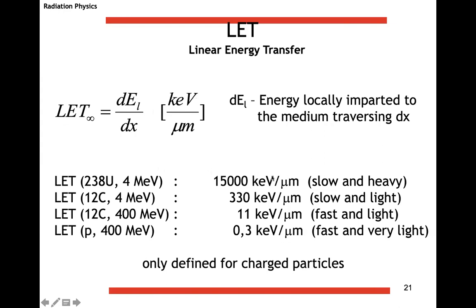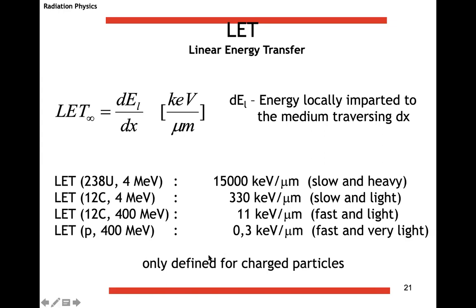We will see that if you have 15,000 keV per micron, this is a very high LET, only possible when you have a slow and heavy element. A very low LET, like 0.3 keV per micron, is only possible for fast and very light charged particles.